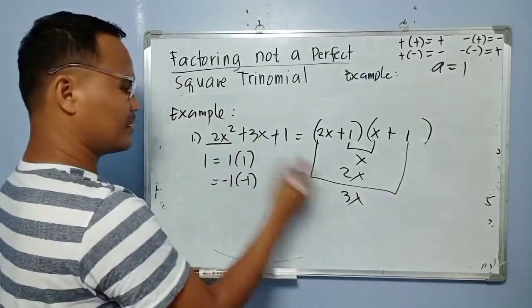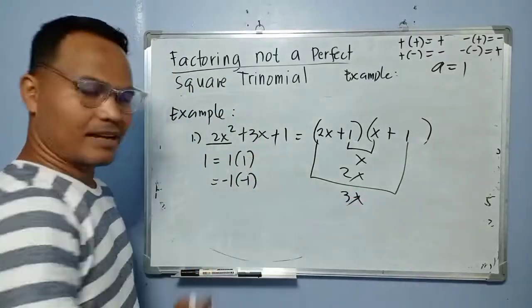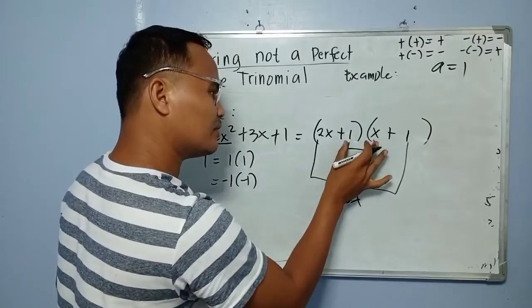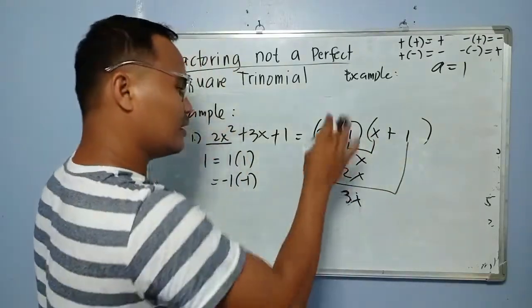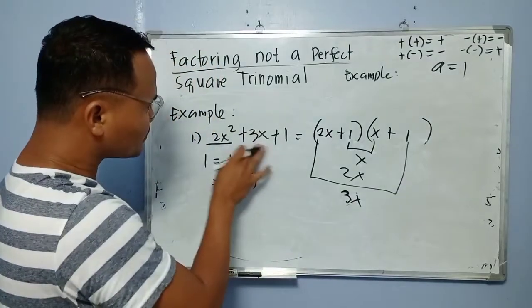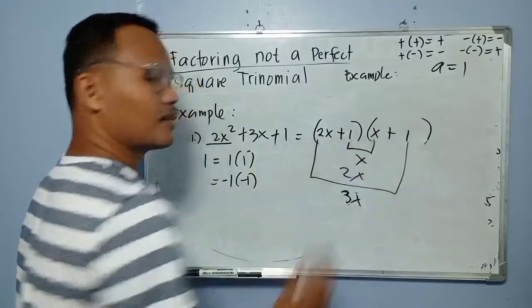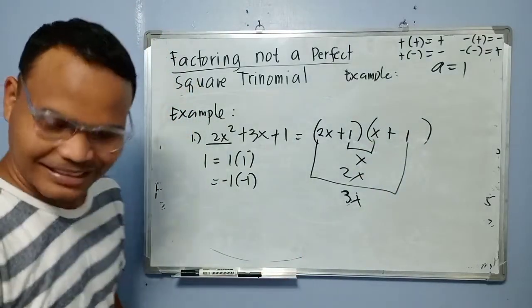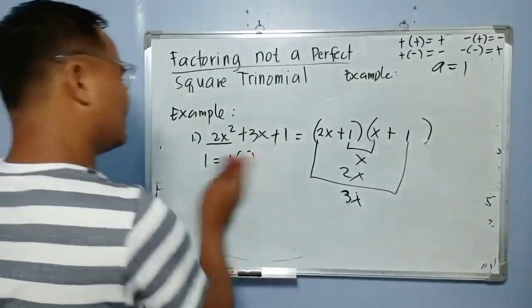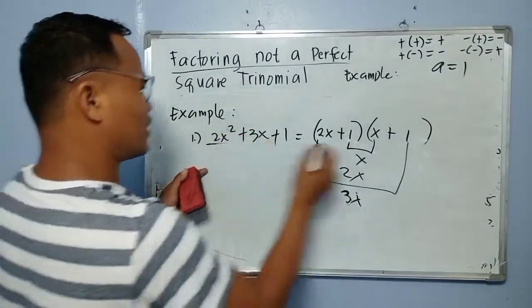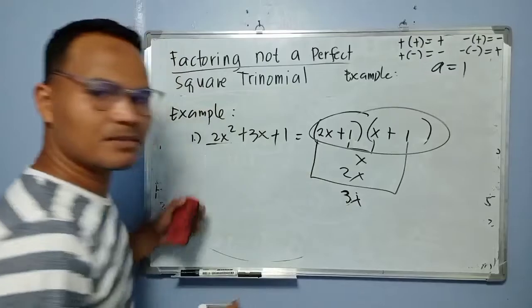Are they the same? Correct. They are the same. So if the sum of the products of the inner and the outer is equal to the second term, therefore these factors are correct. So the factors of 2x squared plus 3x plus 1 are 2x plus 1 and x plus 1.